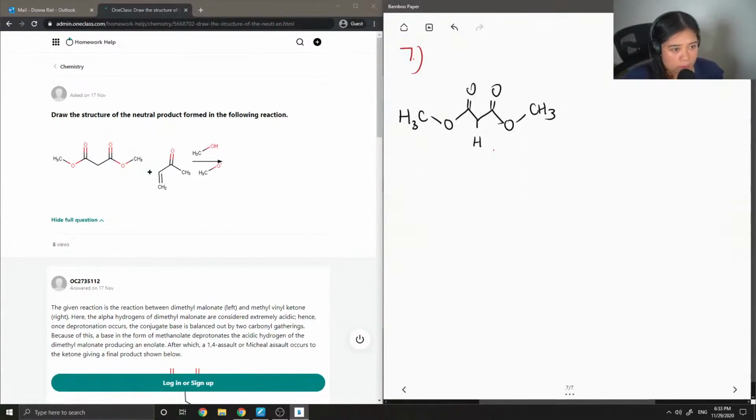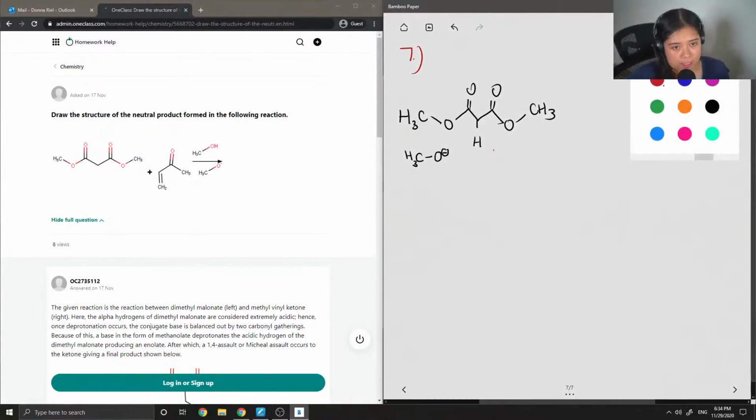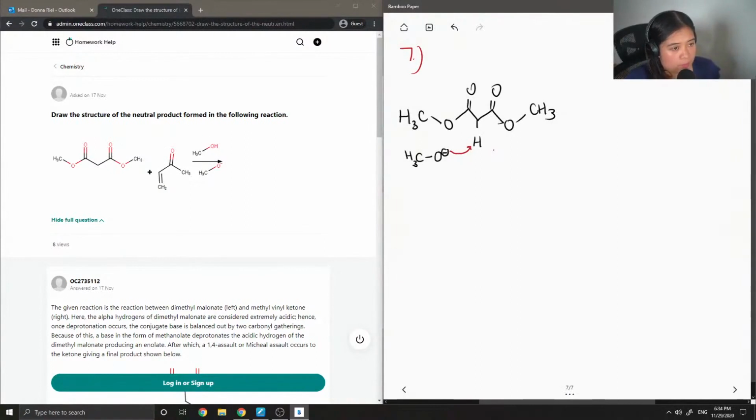Okay, so the role of the deprotonated methanol is that it acts as a base, sorry, and it deprotonates our starting product.